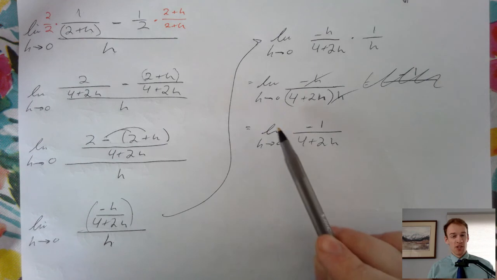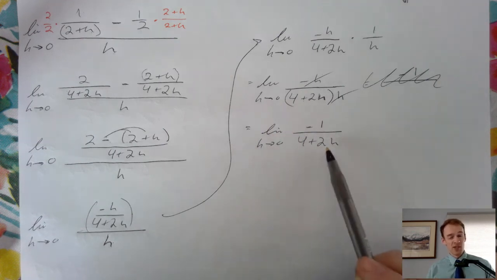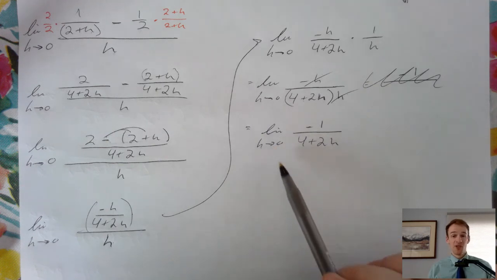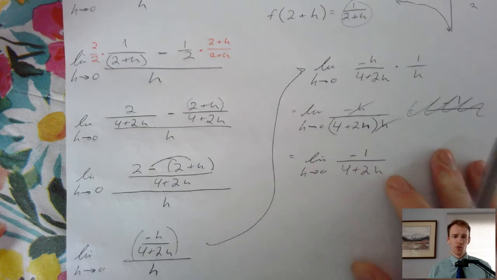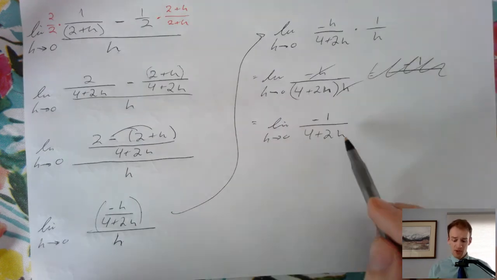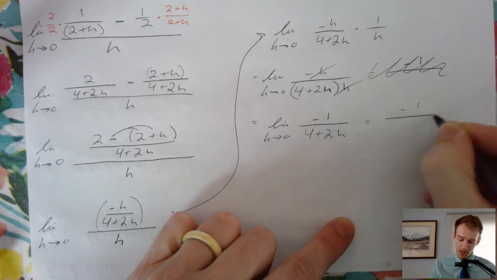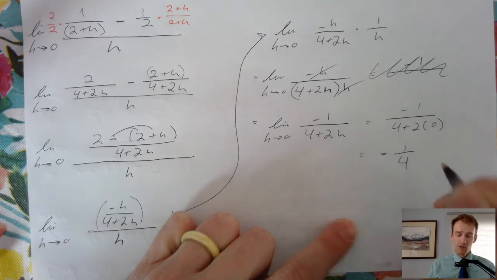And what you'll learn in the next section is to solve a limit. If you don't get an undefined answer, you can go ahead and substitute 0 in there for h as long as it doesn't make anything undefined, right? Before we couldn't throw a 0 in because we'd be undefined, but now if we throw 0 in there, we get negative 1 over 4 plus 2 times 0, which is just 0, so we get negative 1 over 4.